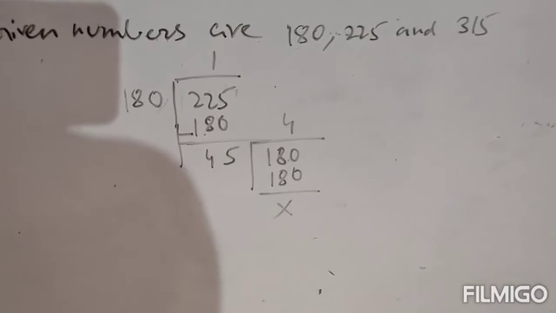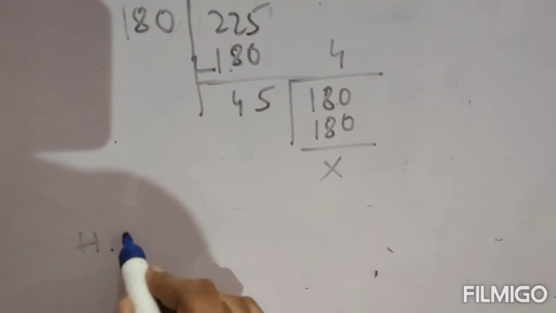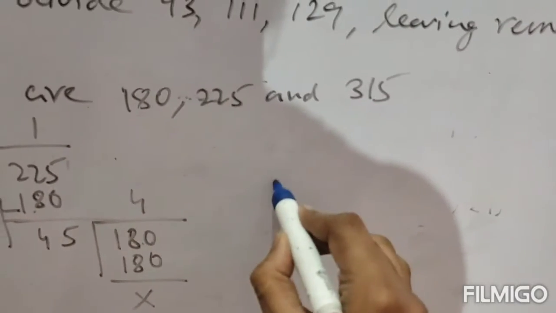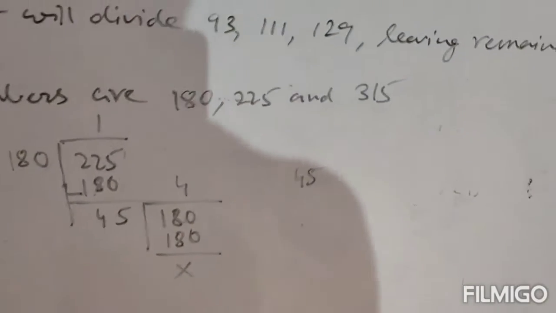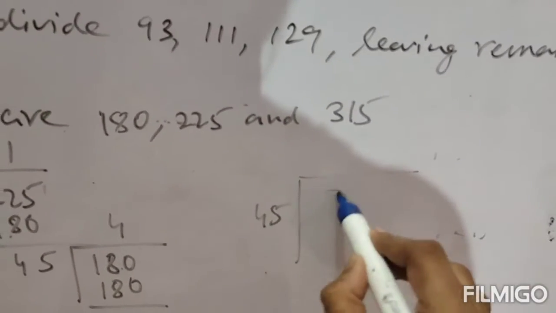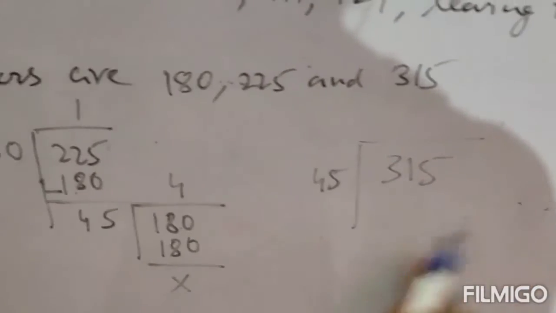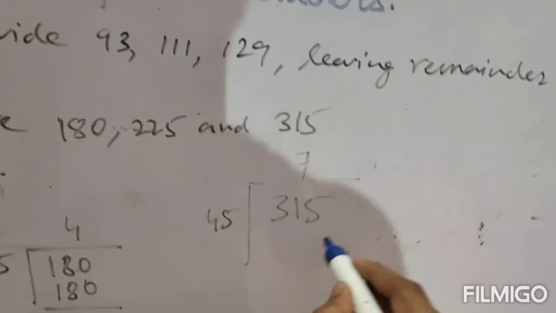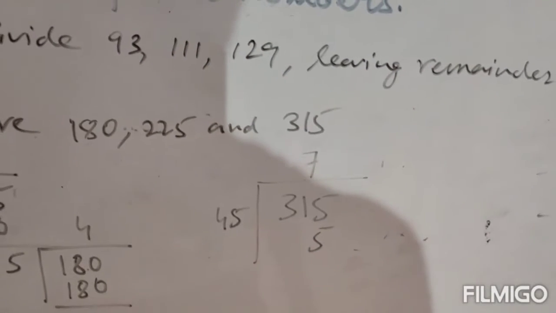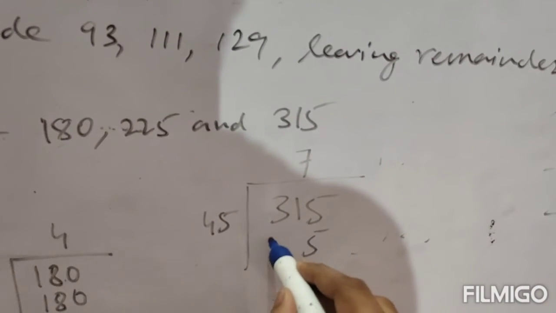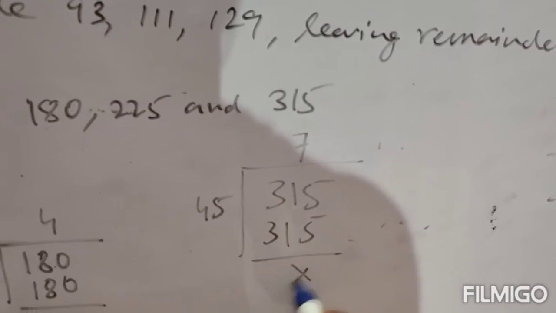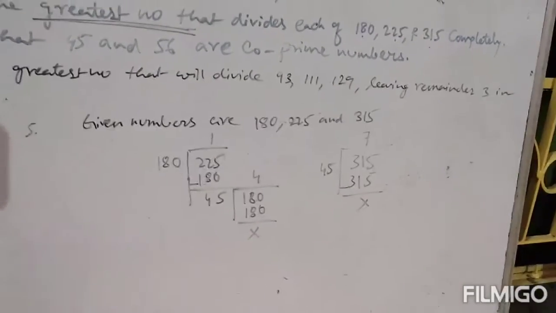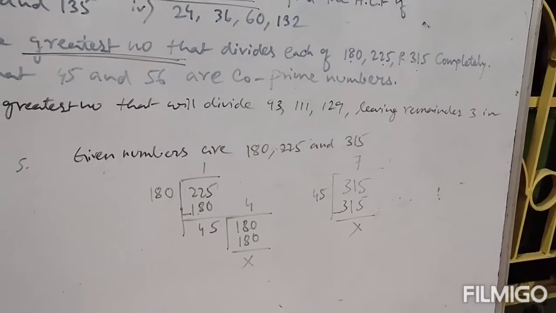So the HCF is 45. Just take it 45, don't need to write anything. Take it 45, and the next number is 315. So 7 5 is 35, carry 3, 7 4 is 28, 3 is 31. So clearly the HCF is 45, therefore the greatest number will be 45.